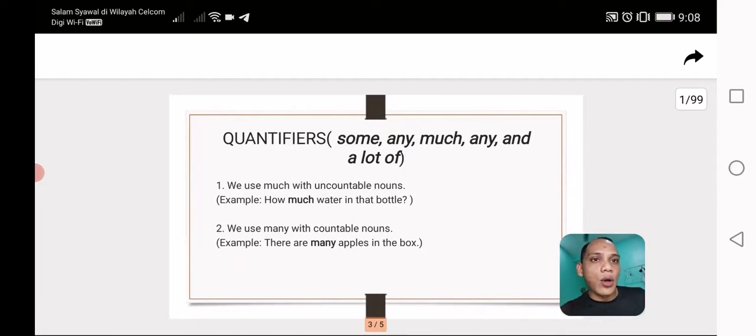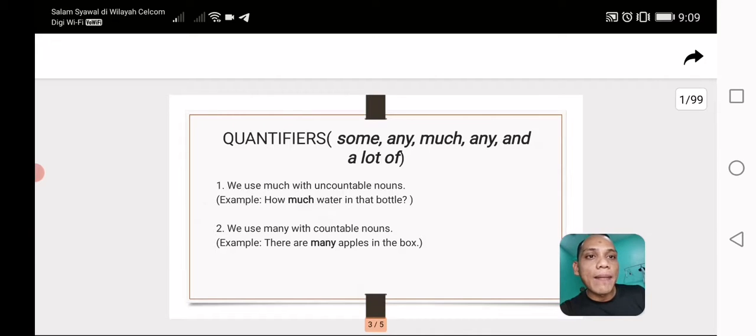Alright. Quantifiers: some, any, much, many, and a lot of. This one you can see in your textbook page 55. The first one, we use much with uncountable nouns. For example, how much water in that bottle?